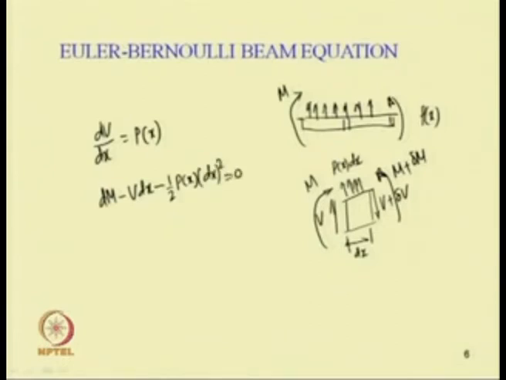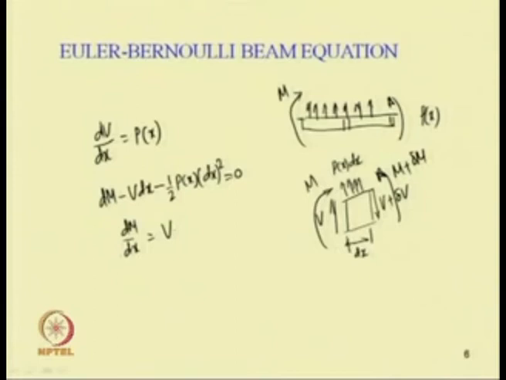For the limiting case, dM by dx will be equal to V. This means the rate of change of bending moment along the beam is equal to the shear force.